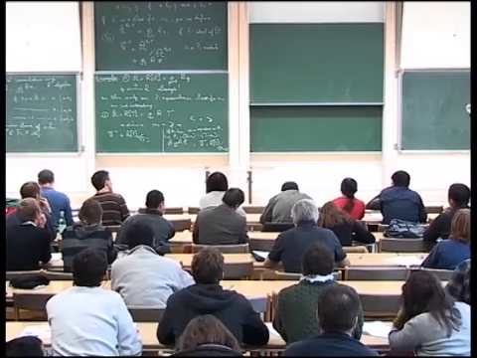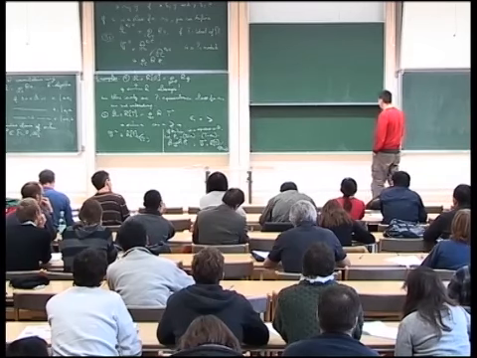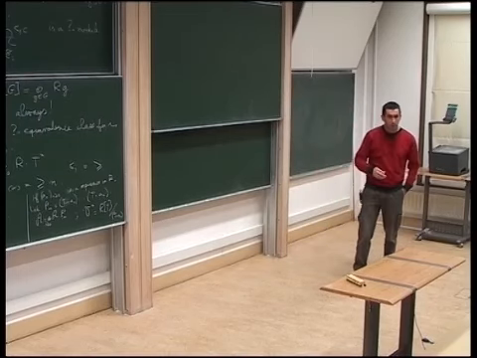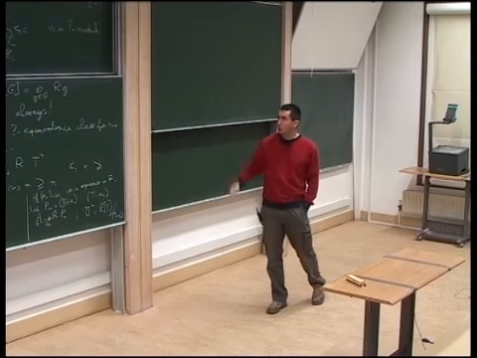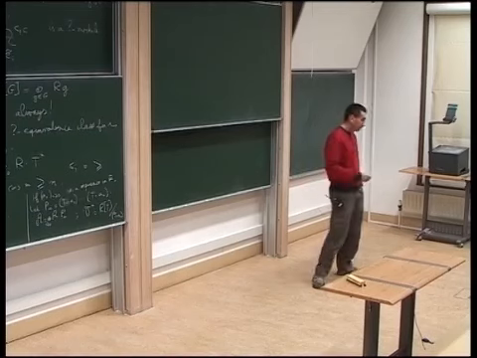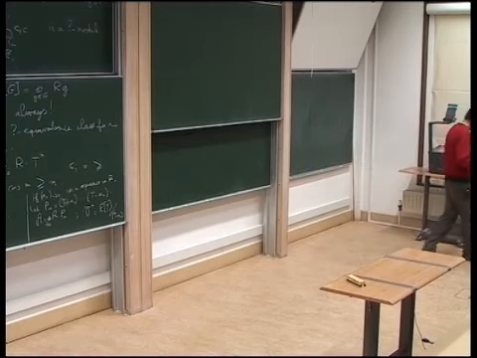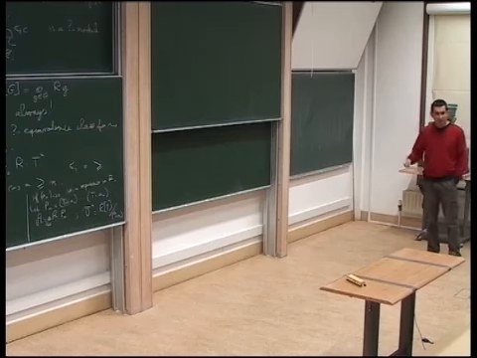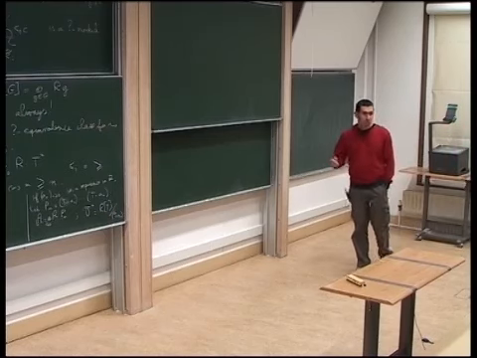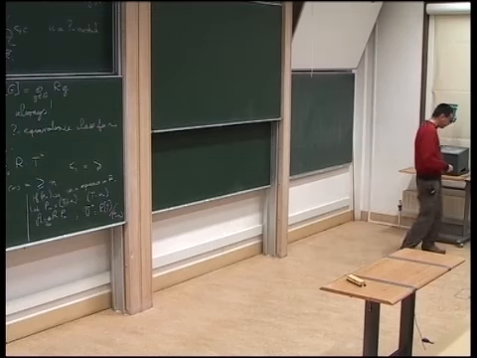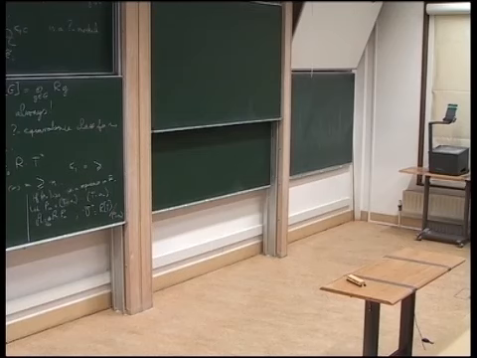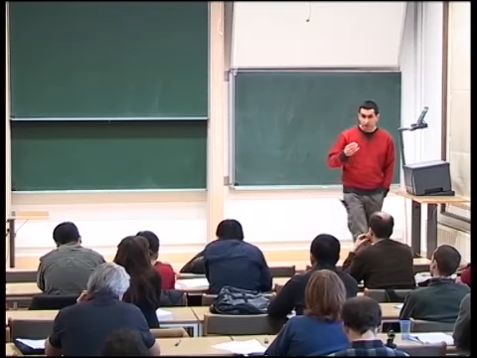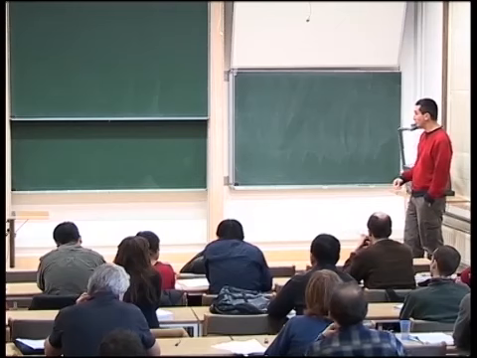So the main point of Kazhdan-Lusztig theory is to construct a basis which will lead to interesting representations, not the free one, but representations of the Hecke algebra which are sufficiently small.